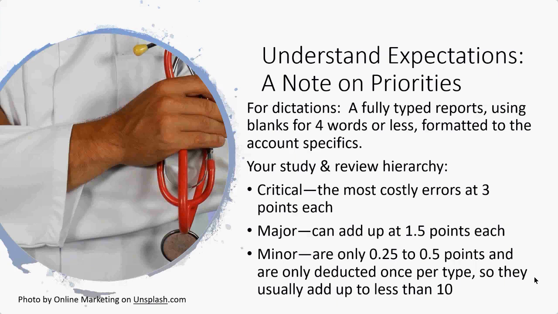So compare that to the critical errors, and there are 3 points each one, and you really want to look at addressing those issues before you worry about the smaller ones, because there's a ceiling to how many punctuation and grammar errors you can get, but with the critical and major ones, the sky is the limit on those.